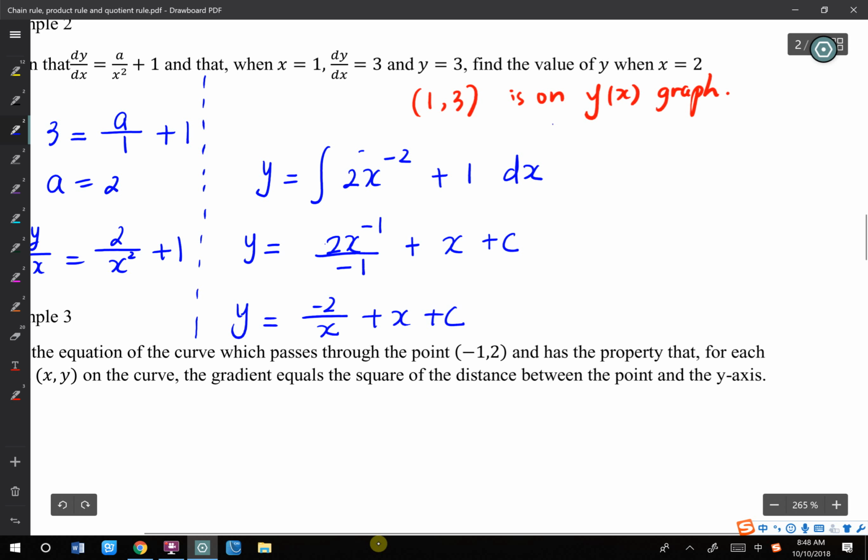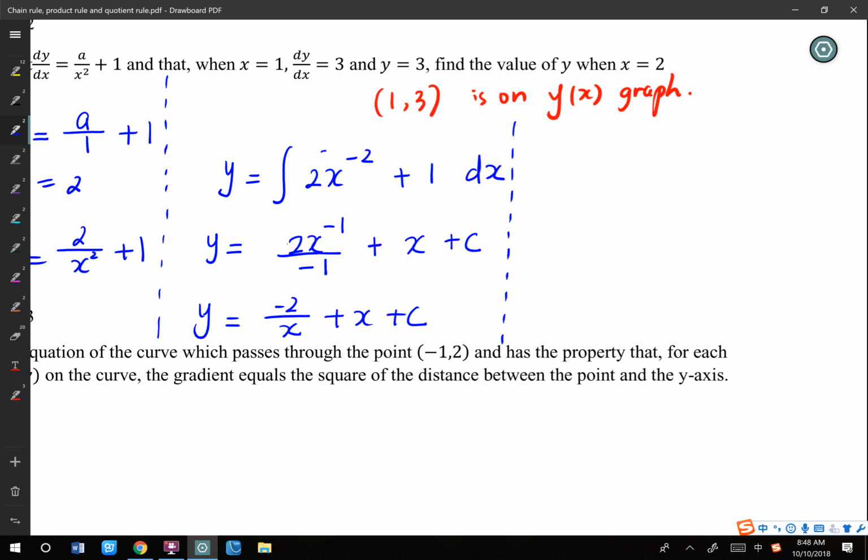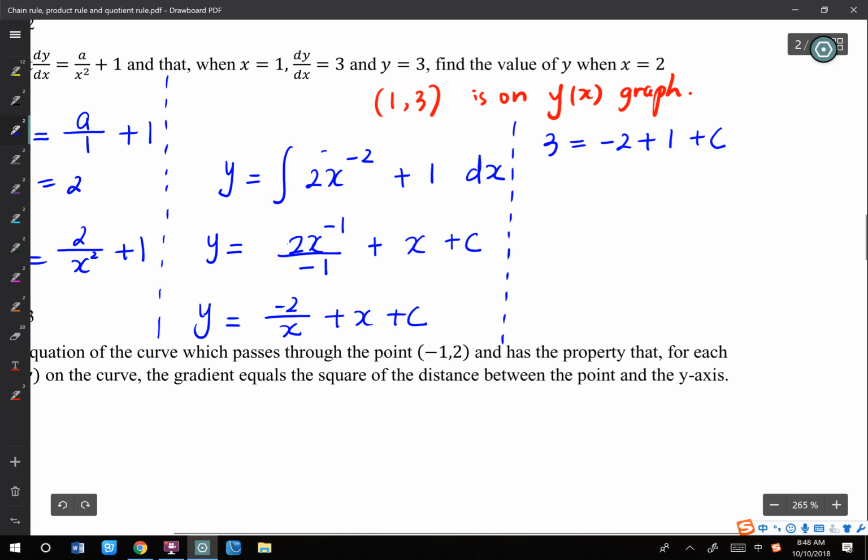Just rearrange that a little bit. And what we will have is (1, 3) is on this function. So 3 equals minus 2 plus 1 plus c, which I get c equals 4.